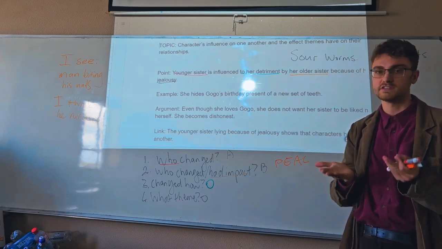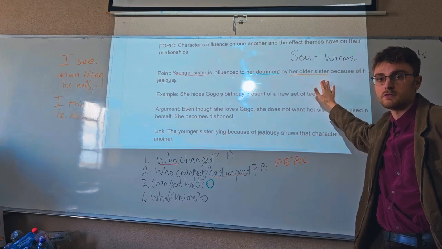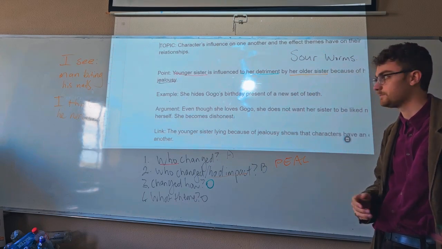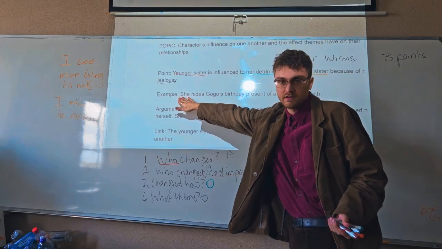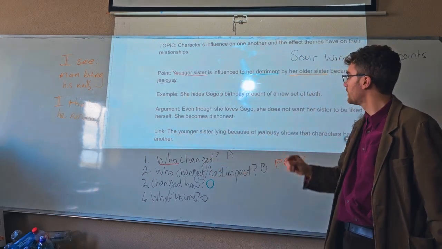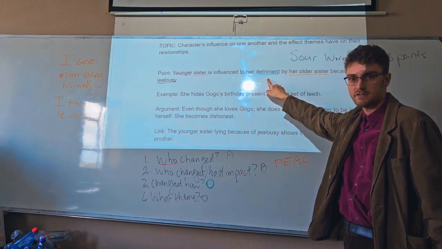You can agree or disagree. That's up to you. But once you've made this point, you've made this statement, you've got to try back this up. So I need to find an example or some evidence from the story that shows that the younger sister was influenced by her older sister to a detriment.